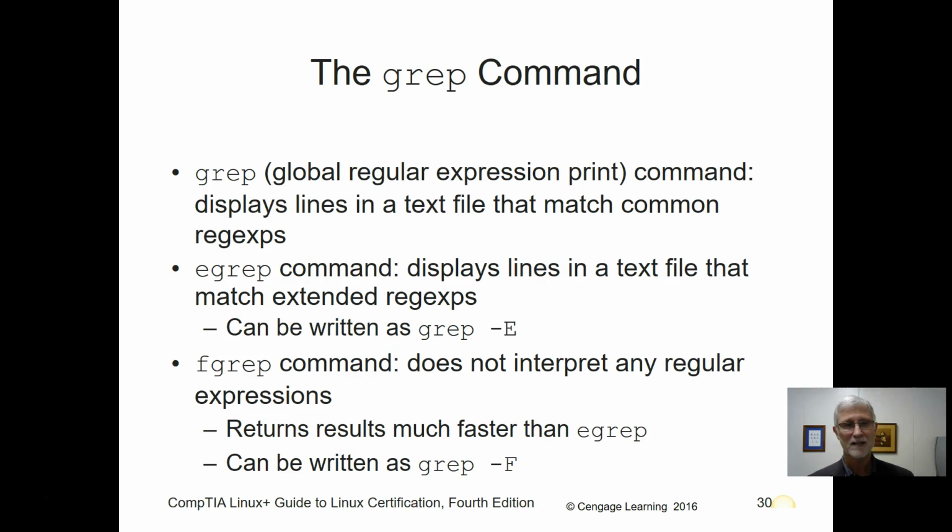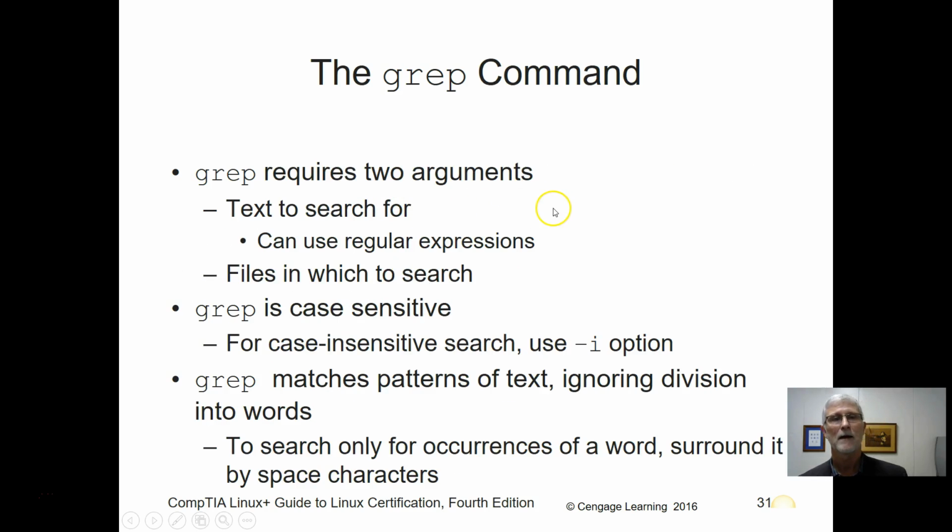You can get it through the -E option. And then fgrep does not interpret any regular expressions. It's definitely a whole lot faster than egrep, and you can get to it by grep with capital F. But I think we're going to play more with grep just so you get used to the regular expression searching.